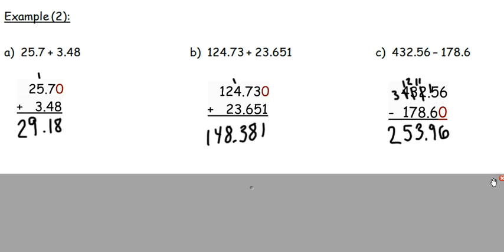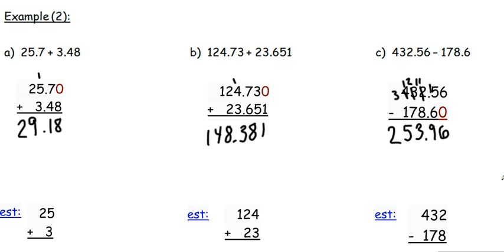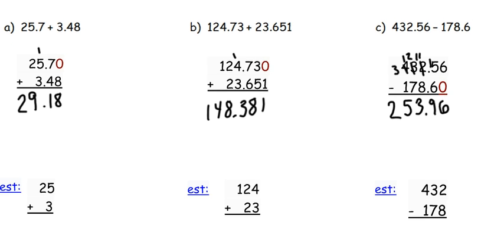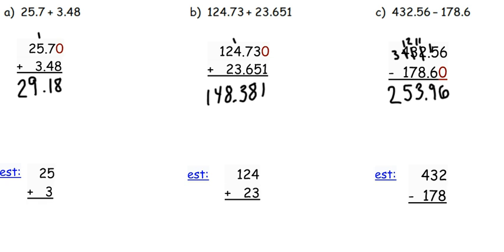Now we should use front-end estimation again to make sure our answer is reasonable. 124 plus 23 is 147. 432 subtract 178.